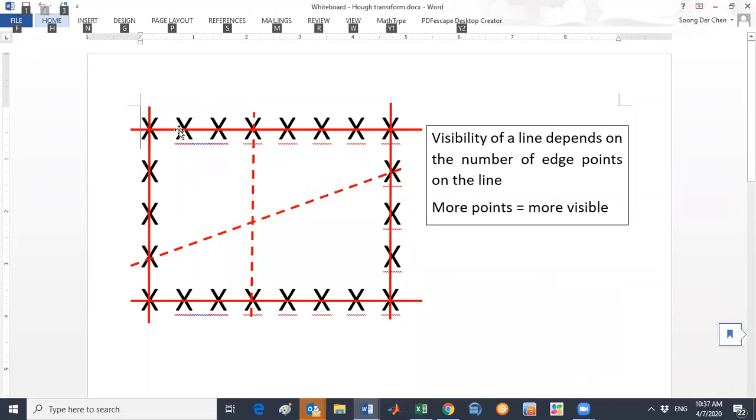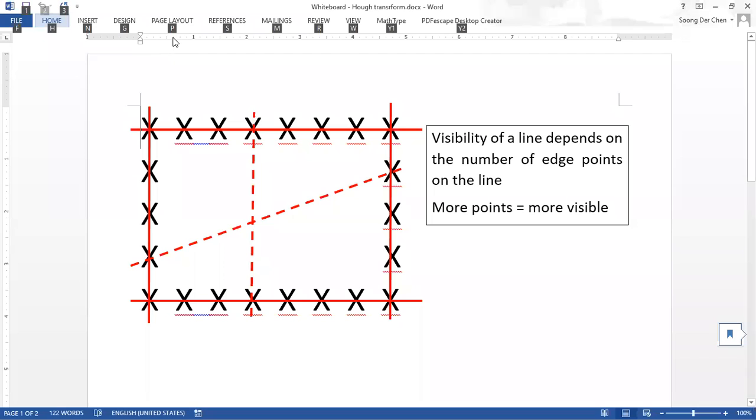Suppose each of these X here represents one edge point. So how many lines do you observe here? How many lines? 4, 3. The numbers could vary. Some would see 1, 2, 3, 4.